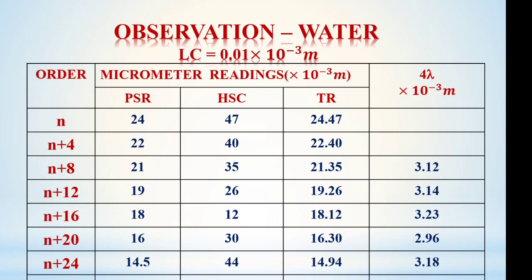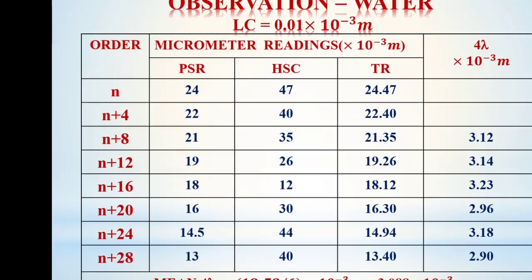Some teachers would advise you to take readings for two sets, one by keeping the gain at minimum and another by repeating the experiment with the gain at maximum. But this set of reading is taken by keeping the gain at 50.